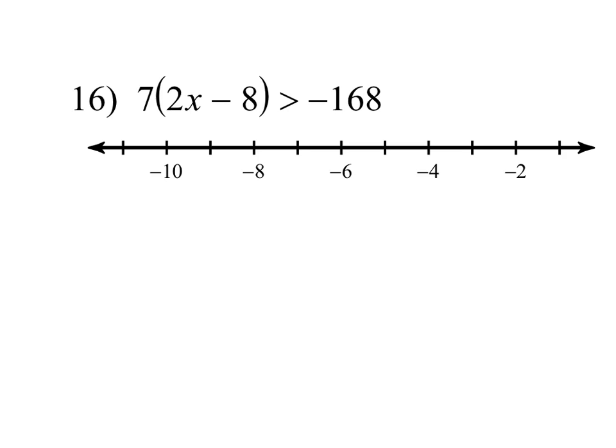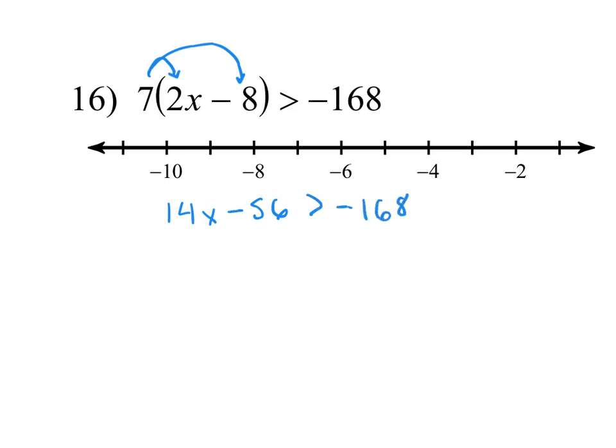First, we need to distribute. So we have 7 times 2x, which would be 14x, and 7 times -8 would be what? Negative 56. And this is greater than negative 168.